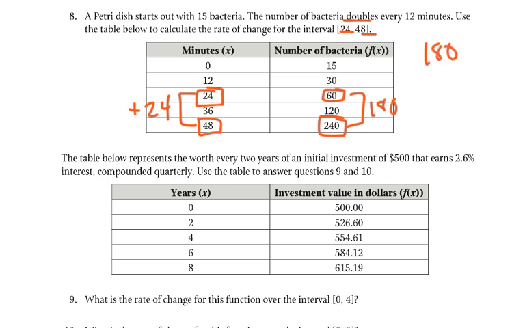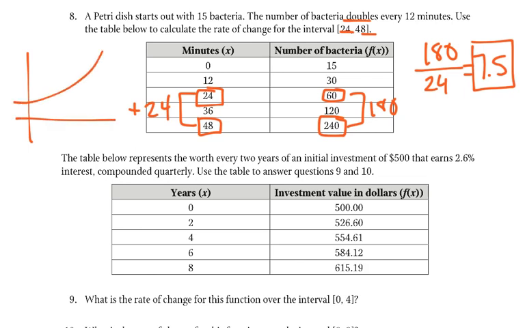So I go 180 over 24, and then I see what that becomes. 180 divided by 24 gives me 7.5. So that's my average rate of change on that interval. Okay, in other words, this would be exponential, so from this point of 24 to 48, if I made a straight line, its slope would be 7.5. Every time it goes over 1, up 7.5.